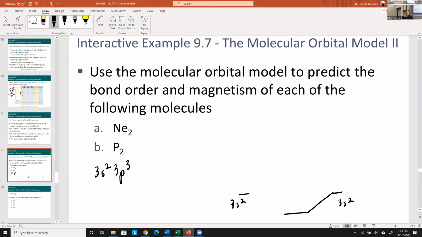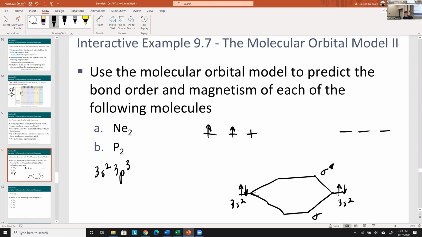We have our sigma, and then we have our sigma star, like that. And then our 3s2 is filled up in both cases for both phosphoruses. And then we have our p orbital, right? So our p orbital is going to have 1, 2, 3 electrons, so it'll be 1 in each of them, like this.